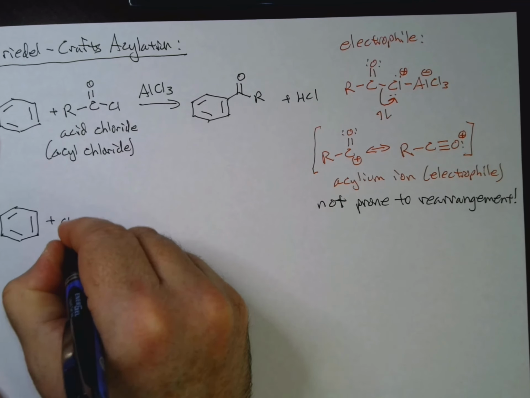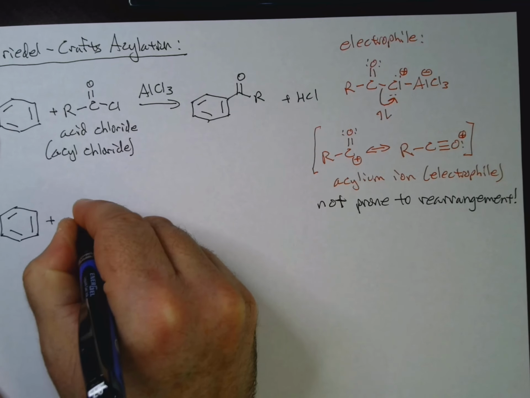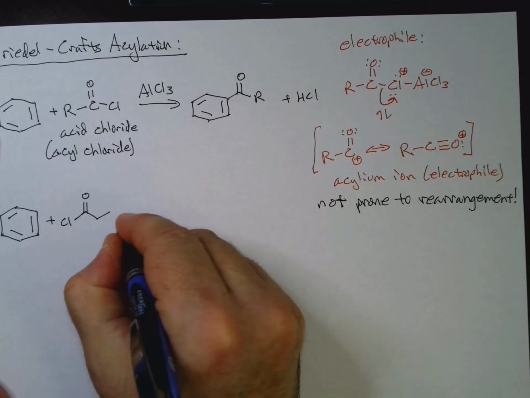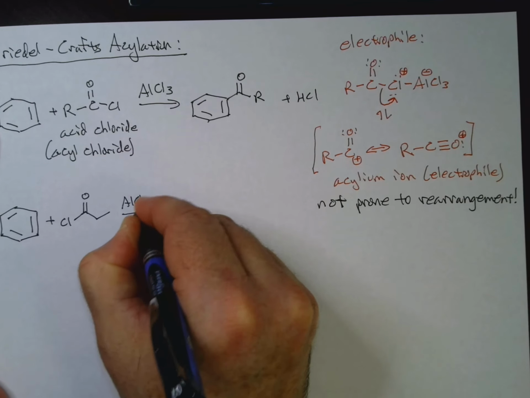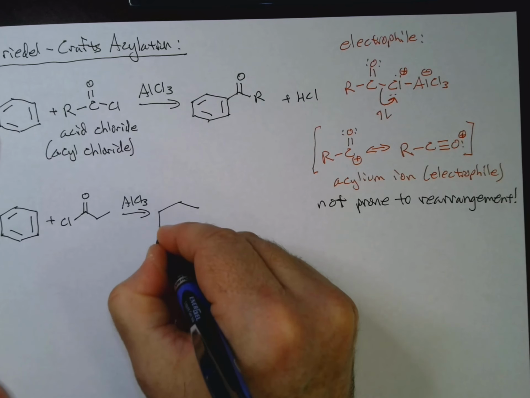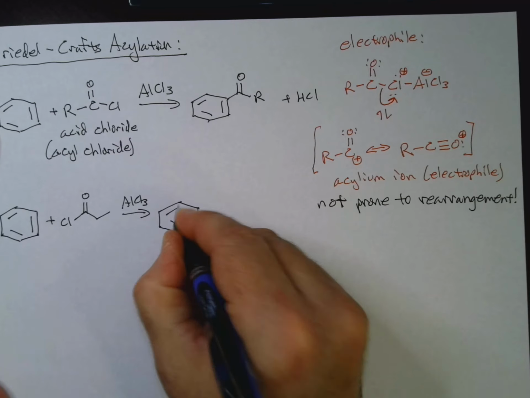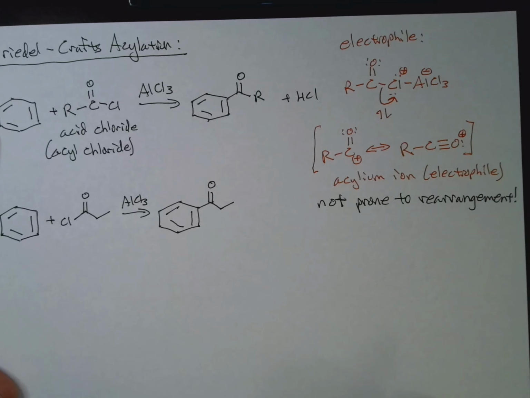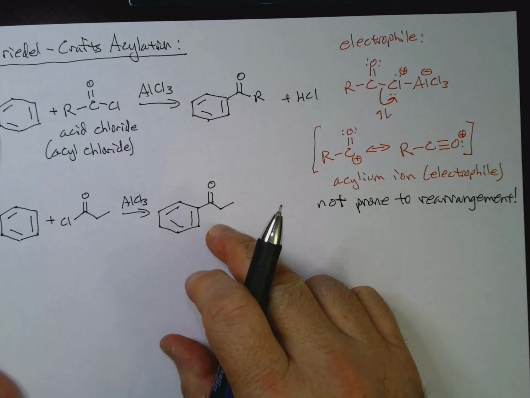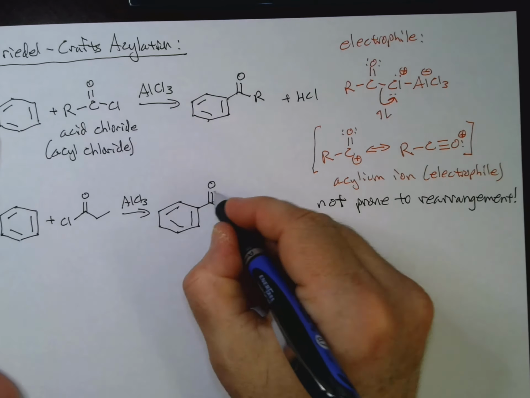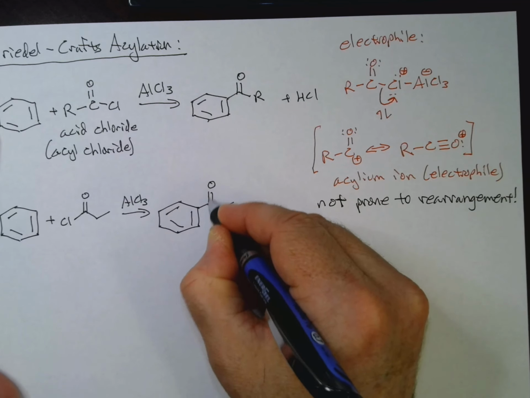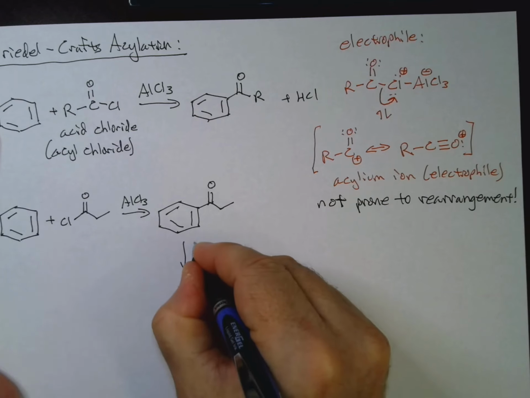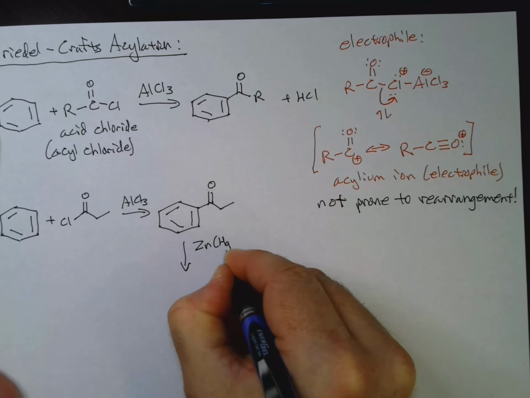So, let's say we use our propanoyl chloride here. And that will give us now the following product here. And then we can reduce this carbon to eliminate that oxygen. And we'll do that with zinc and mercury.